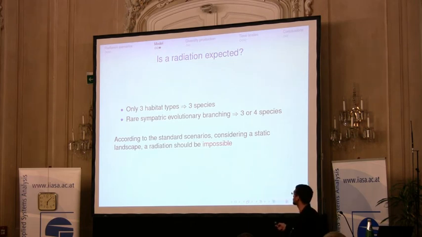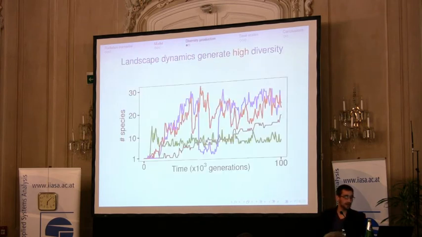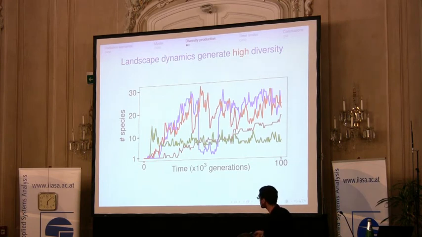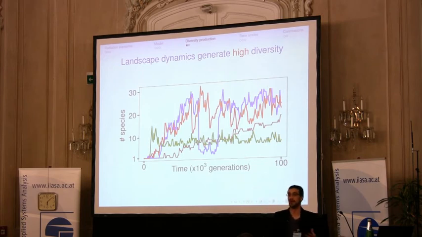So a radiation without considering the landscape dynamics mechanism shouldn't be possible. As you can see in these typical simulations, with the landscape dynamics mechanism, we can generate a high diversity, up to 30 species. So the question is why?